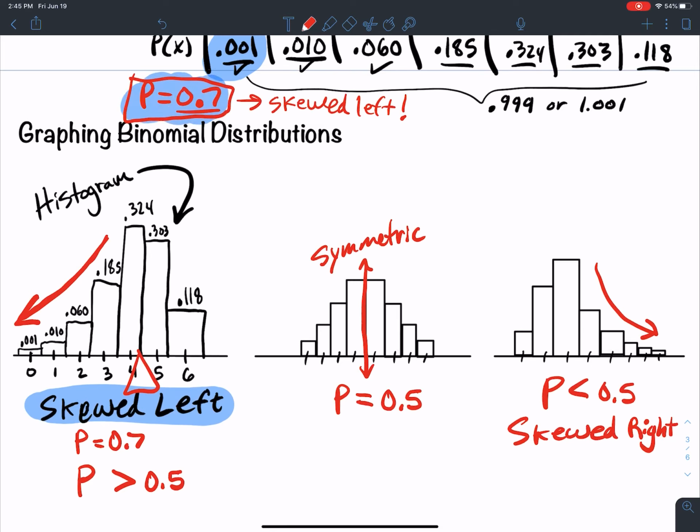Therefore, my average, where I see most of my data, will be on the right side, but it skews off to the left. And then it's the exact opposite when I'm talking about probabilities less than 50%. If you got like a 10% chance of being right, not many times out of 6 are going to be right. Most of them are going to be wrong, and so it's very skewed to the right in that scenario.